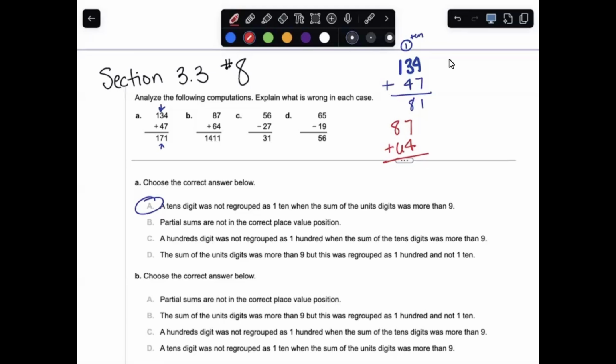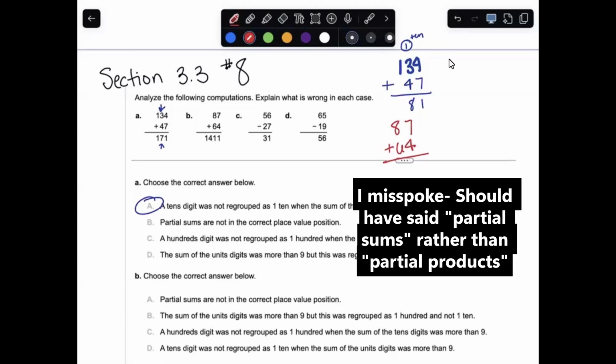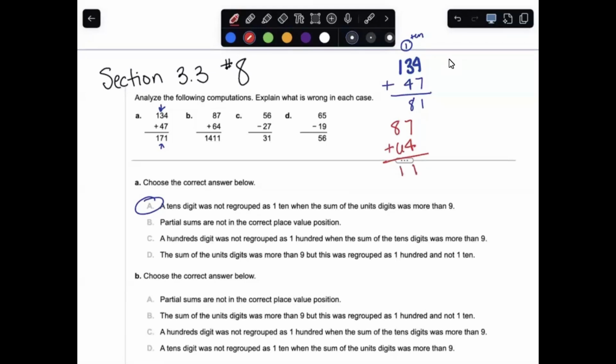If we were going to do the partial sums algorithm, we would say that's 11 ones. And then 8 tens plus 6 tens is a total of 14 tens, which is 140. I would add those together, and that gives me a total of 151.